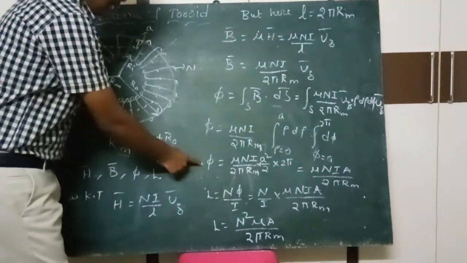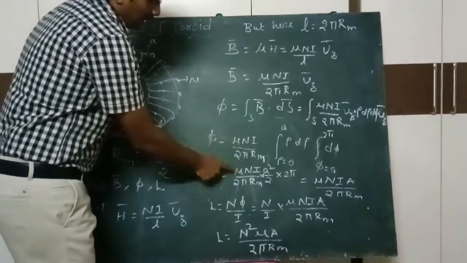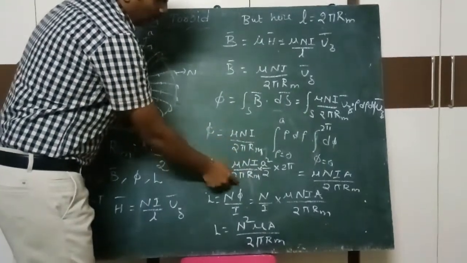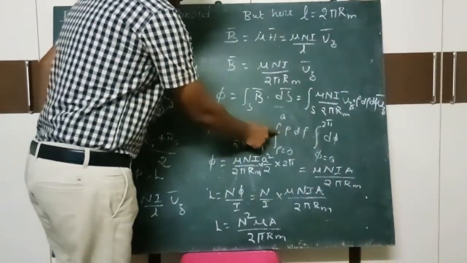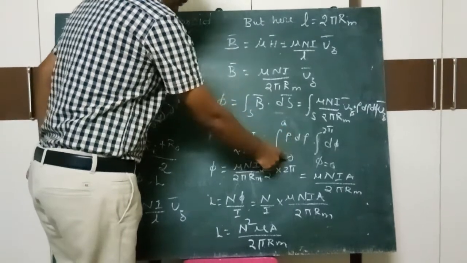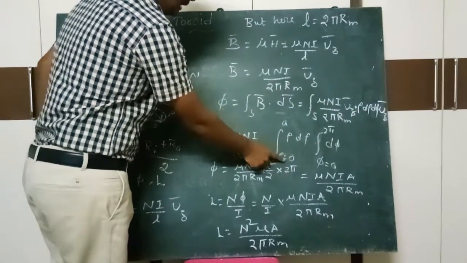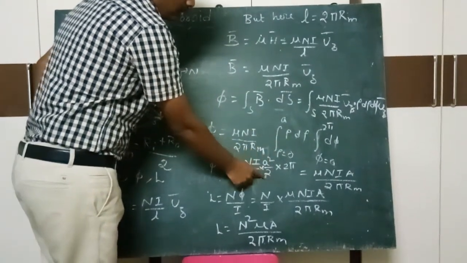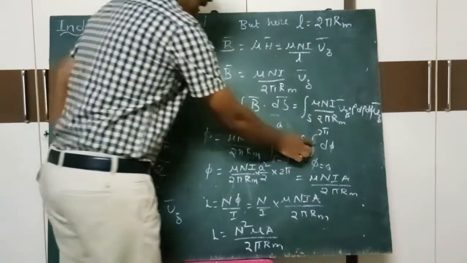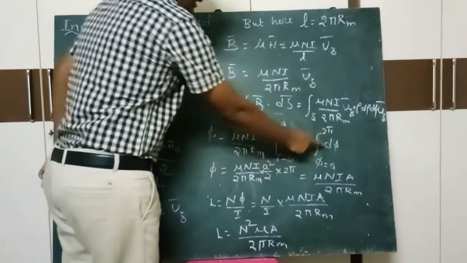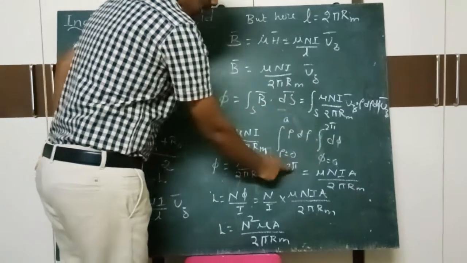From this, flux phi is equal to mu into N into I by 2 pi Rm into integral rho, that means rho square by 2, and after substituting the limits, we get a square by 2, into integral d phi, that means phi, and after substituting the limits we get 2 pi.